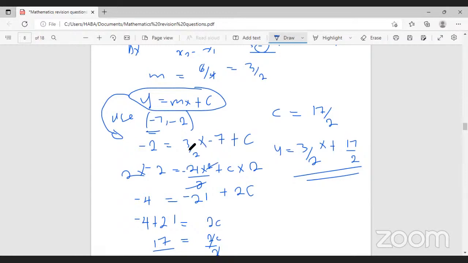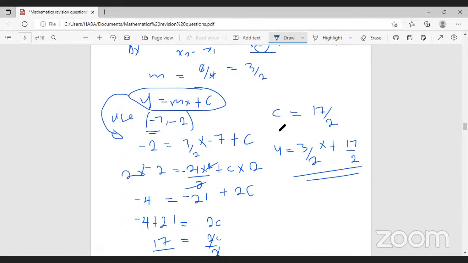Then we multiplied 3 times negative 7 to give us negative 21 out of 2. Then to eliminate the fraction, we multiplied throughout by 2. So we got 2c, negative 21 is equal to negative 4. And then from there, we collected like terms and divided by 2.